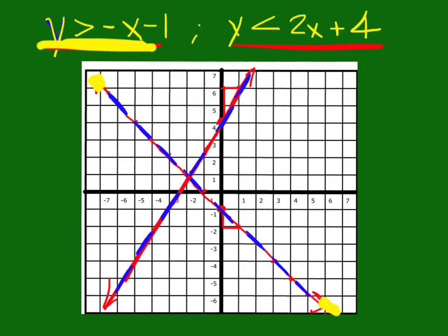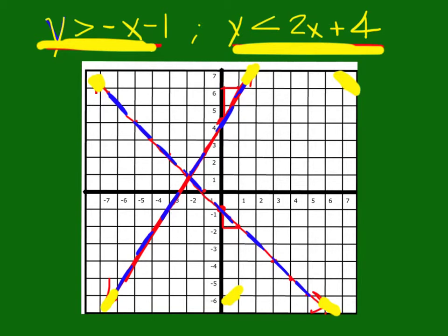Yes, so it's going to be this side of that line. Now test the other one. With that one, we can also pick out 2x plus 4, and it's going to be this one here. If I put in 0, would 0 be less than 4? Yeah, so it's this side of that line.